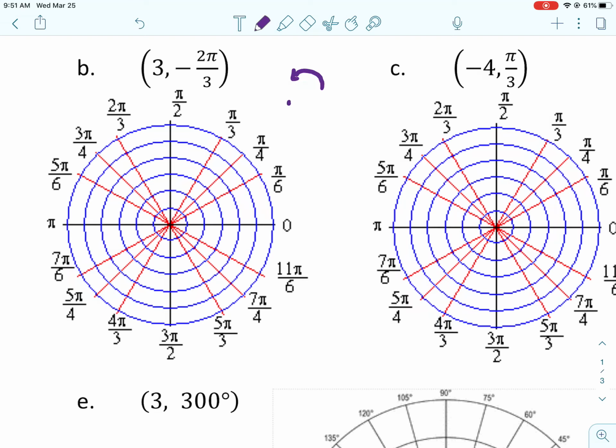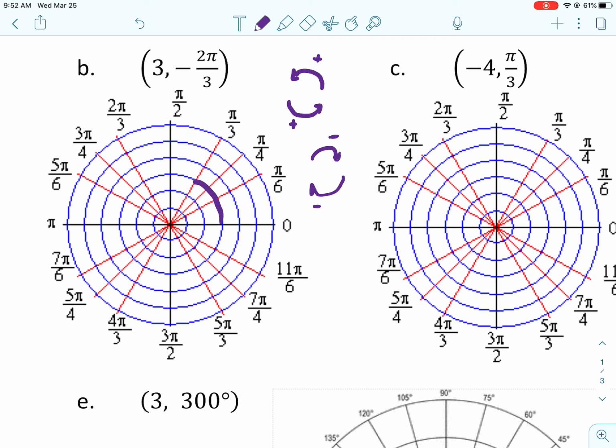Okay, so we all know from past experience that a positive rotation is going to go counterclockwise. So this is a positive rotation. And a negative rotation is going to go clockwise, so these are both negative rotations.